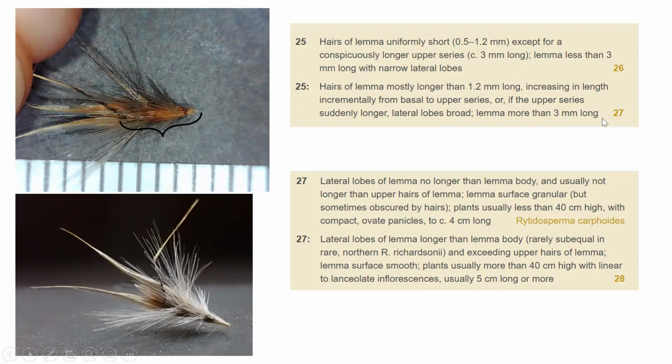That's because there's no species that, with their lobes and their body, are only 3 mil long. So this is longer than 3 mil, and the hairs are quite long as well. So go to the next step, 27.